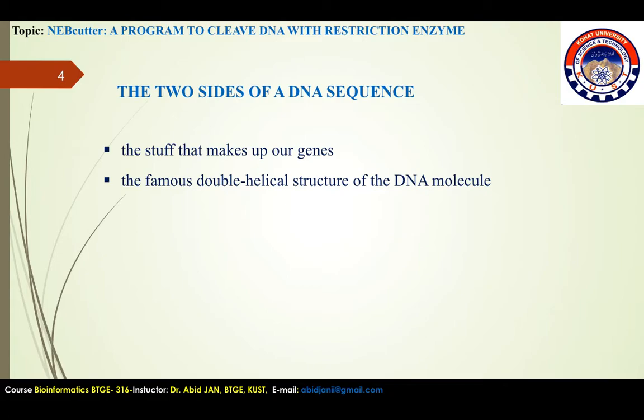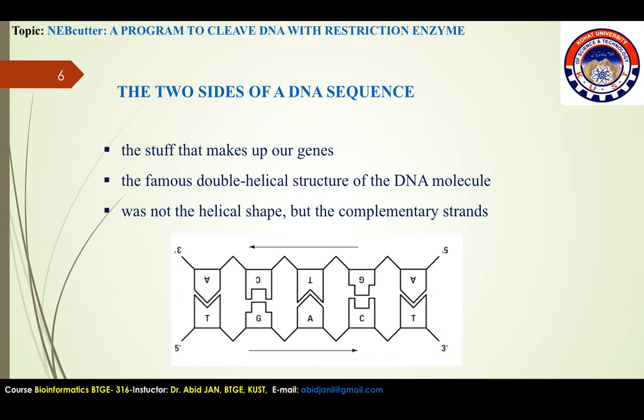These days, everybody has a mental picture of this famous spiral staircase molecule. But what made this discovery so important was not the helical shape, but the discovery that the DNA molecule consists of two complementary strands.